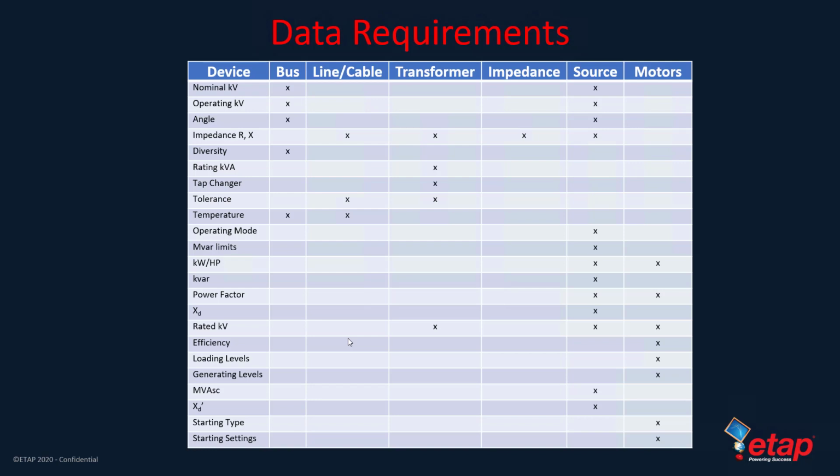You have your typical impedance information that you require for load flow and short circuit analysis. All of that information is to be present, but additionally we need information such as the load characteristics and motor characteristics. So let's go over these data requirements.